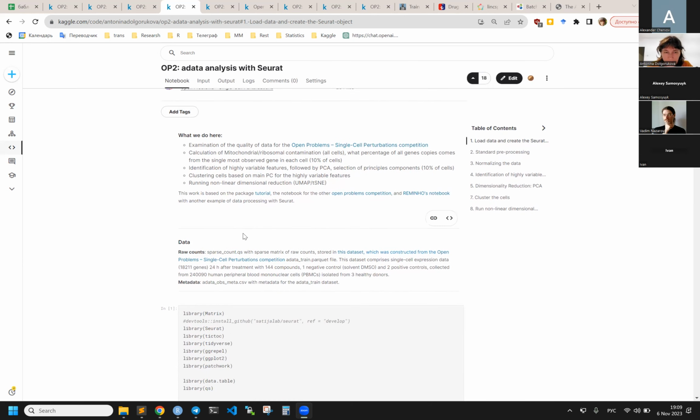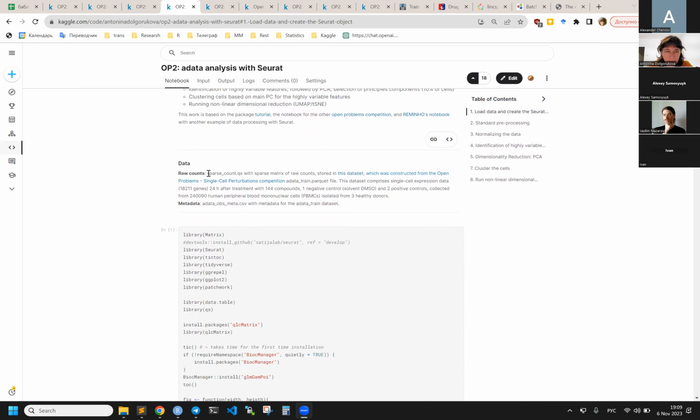Okay, so as a little bit of a recall for those of you who are not yet quite familiar with the competition, here we work with single cell data called the data train file, and it comprises single cell expression data after 24 hours of treatment with 144 compounds, one negative control, which is a solvent, dimethyl sulfoxide, I think it's called, and two positive controls.